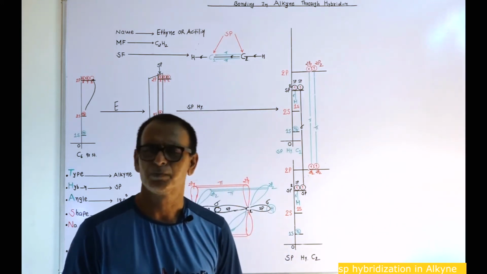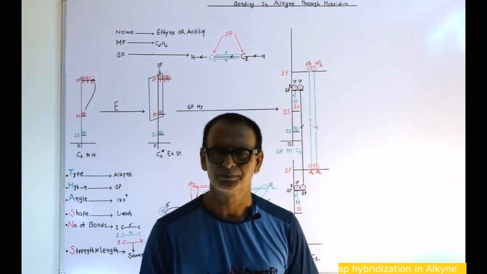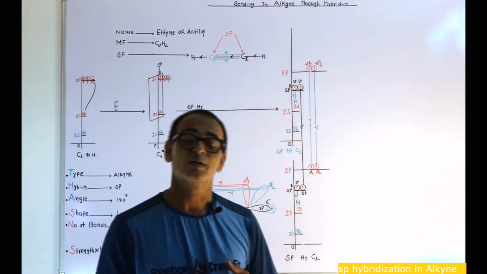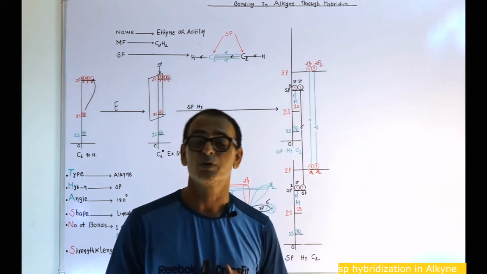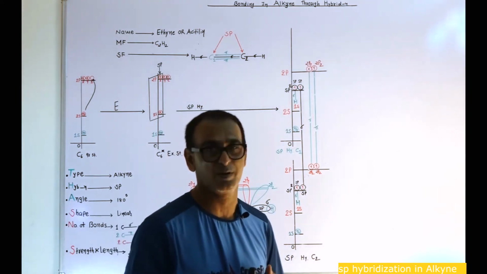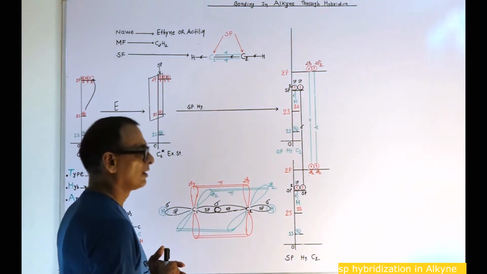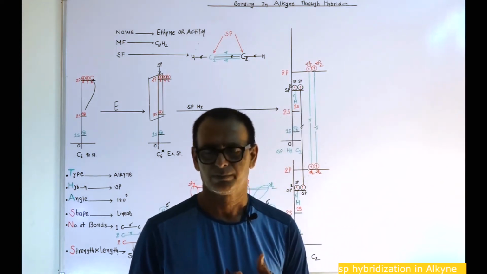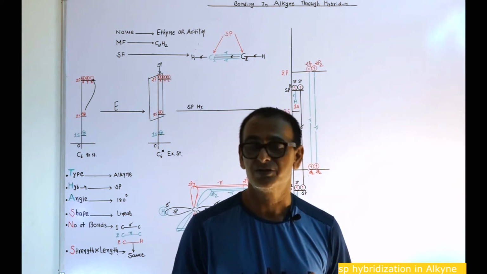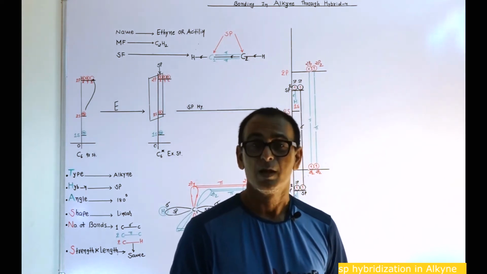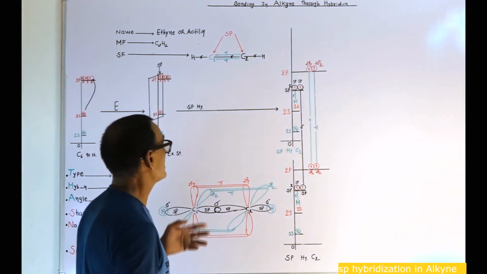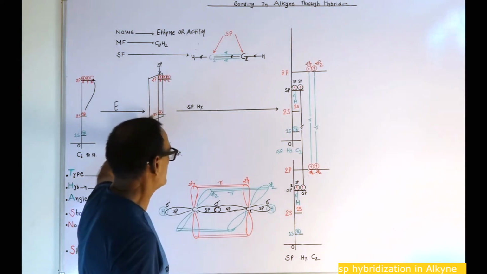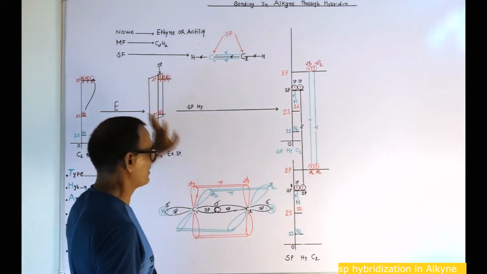How many orbitals participate during the hybridization, Swara? 2. Then 2 hybrid orbitals will also form, and these hybrid orbitals are known as sp hybrid orbitals. These 2 sp hybrid orbitals possess the same shape, same energy, same size, but the energy of these sp hybrid orbitals will be more than the 2s orbital and less than the 2p orbital.